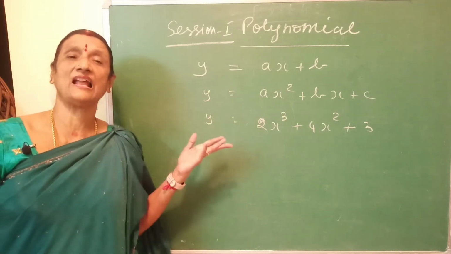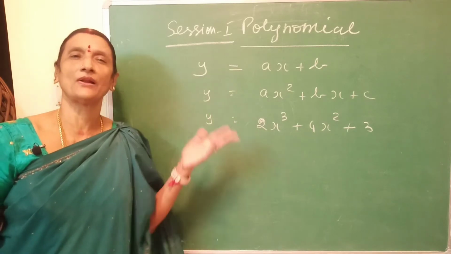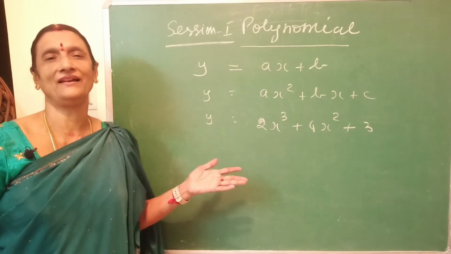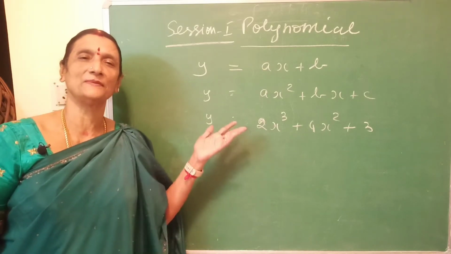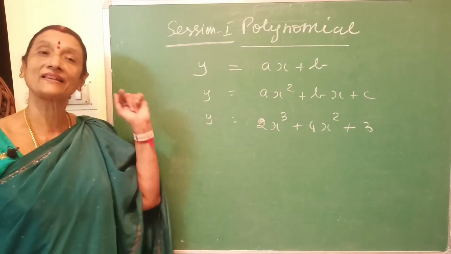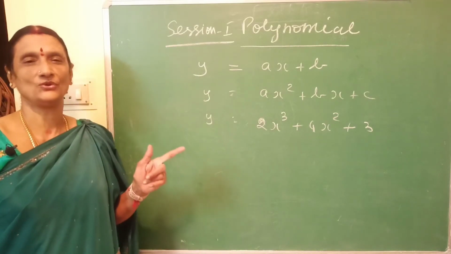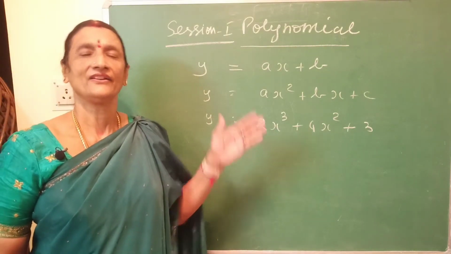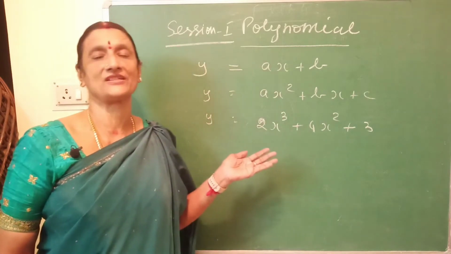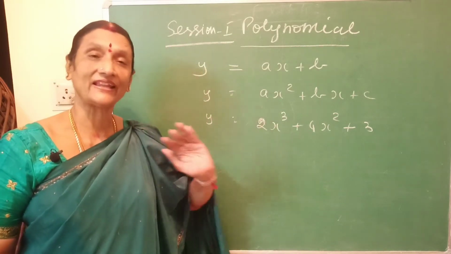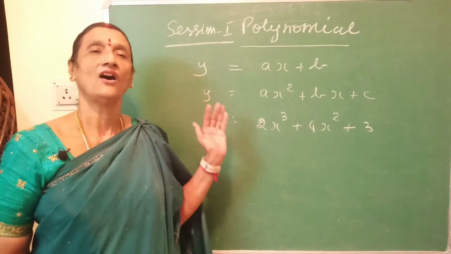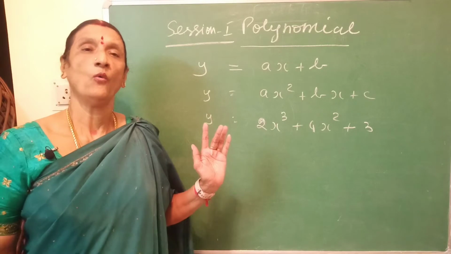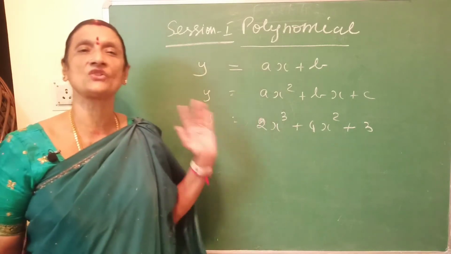So in your earlier classes, you classified the polynomials as monomial, binomial, trinomial, and then the polynomial with 4 terms, 5 terms, etc. But now, I am going to teach you that a polynomial can also be classified not only according to the number of terms, but we can classify the polynomials according to the degrees, because the degree matters a lot. Why the degree matters a lot, we will be seeing shortly.